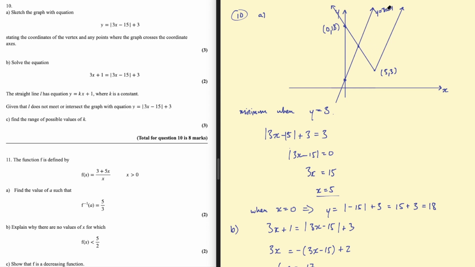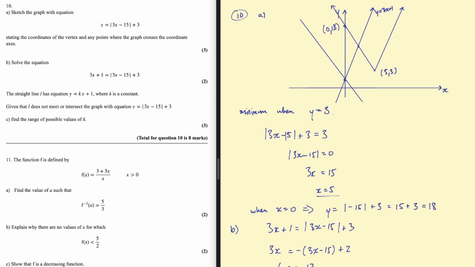And if it does not intersect with this graph, firstly, it might be this way, right? And in order not to intersect this graph, it must have a gradient greater than negative 3. Okay, because the gradient of this part of this graph is negative 3.